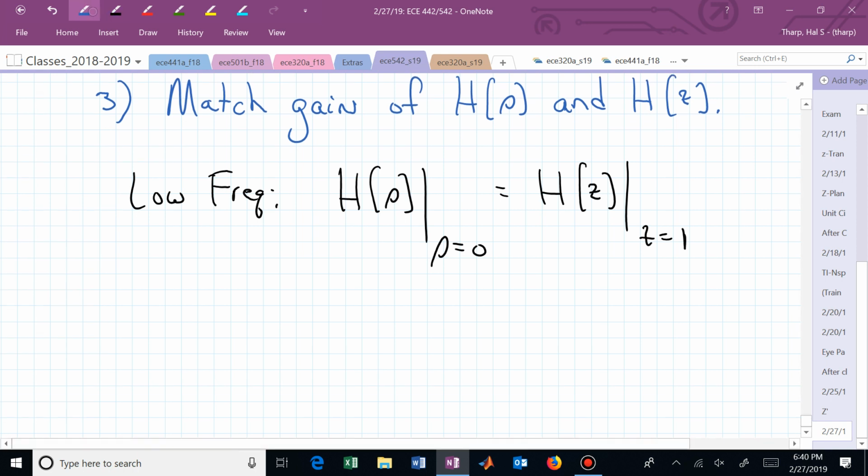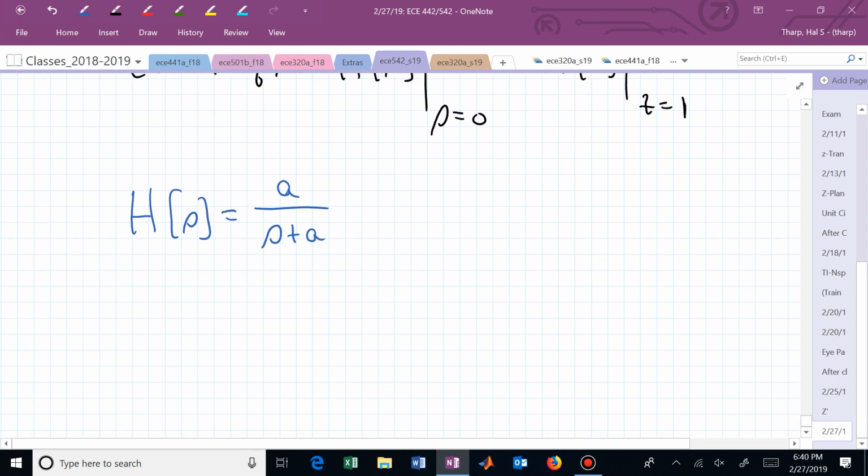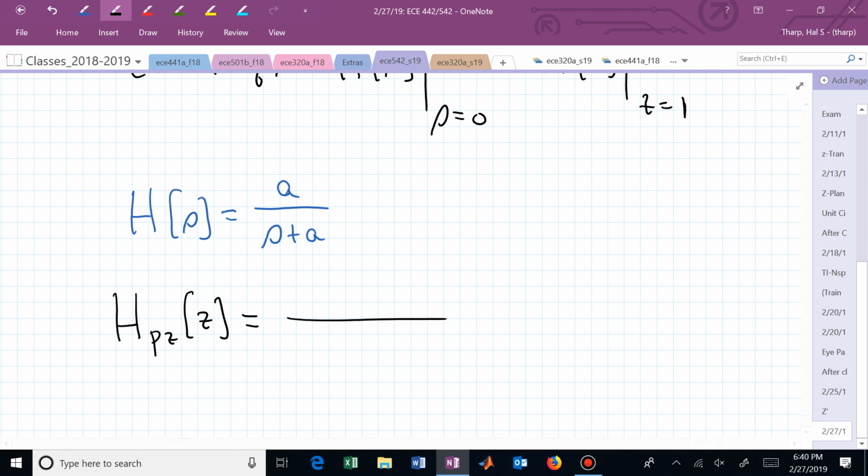Suppose now we looked at this H of S equaling A over S plus A, the low-pass filter. If we now do the pole zero approximation, what does that look like? What's in the denominator?